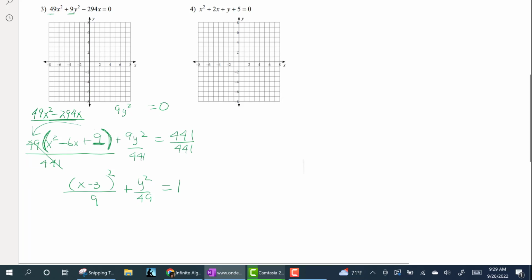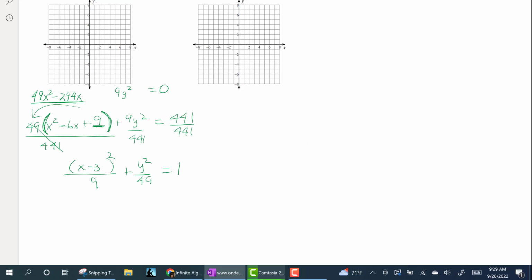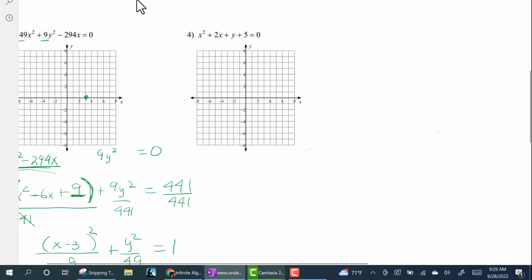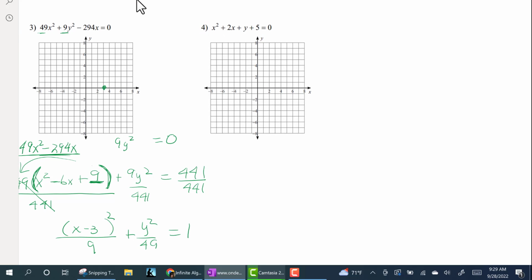Okay, so now we can draw the ellipse, and notice the 49 under y squared is larger than the 9 under the x squared, so it will be an ellipse that is elongated vertically. So the center is at 3, 0. Again, here, let me do this kind of big right here. And then for the x, we're going to go to the left and right 3.